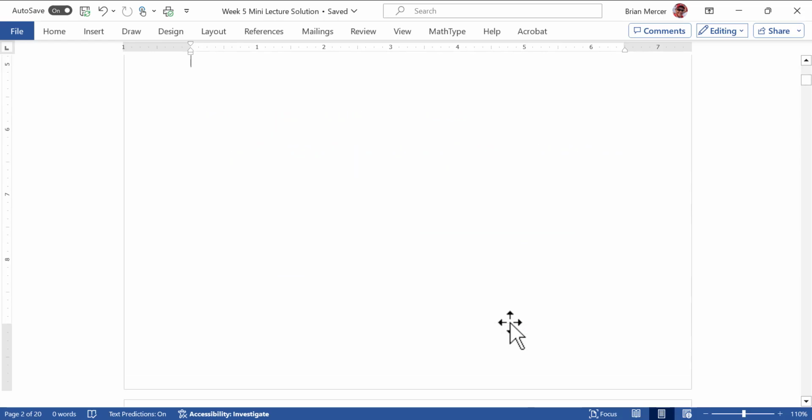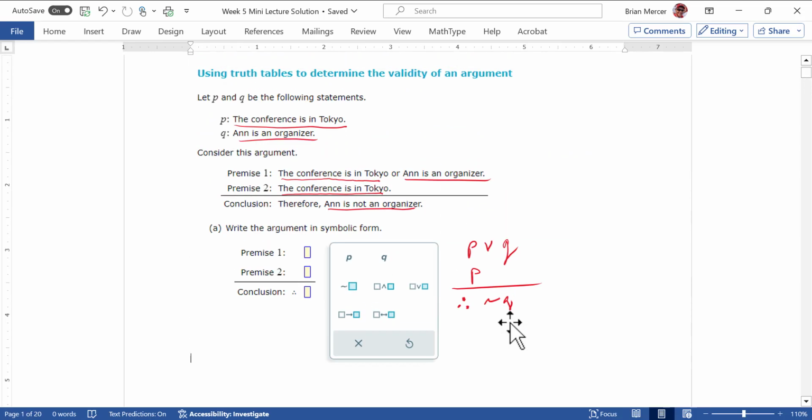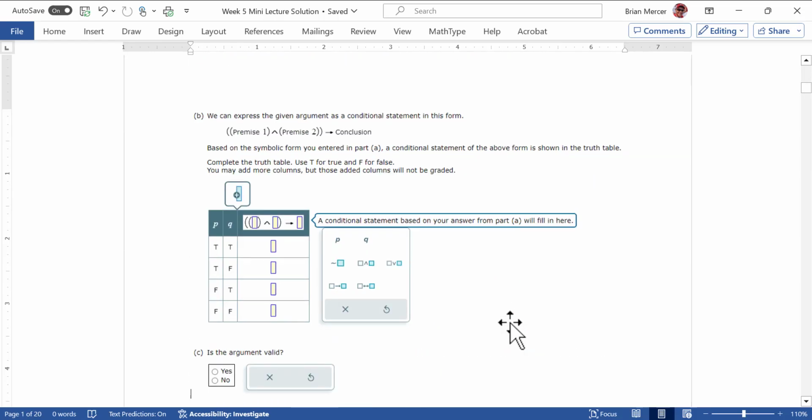Then, moving down, let's scoot that down just a little bit. There we go. Then we express the argument as a conditional statement in this form. So in other words, premise 1 and premise 2 then implies, that's the conditional statement, this conclusion.